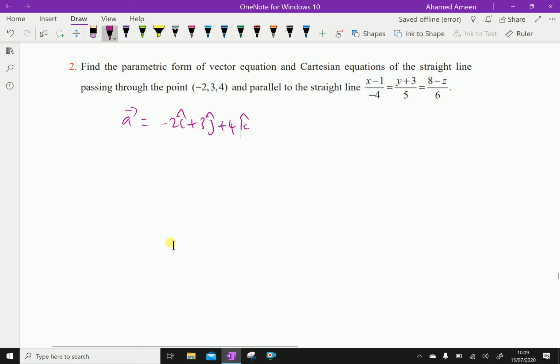So the parallel vector B is minus 4i plus 5j plus 6k.